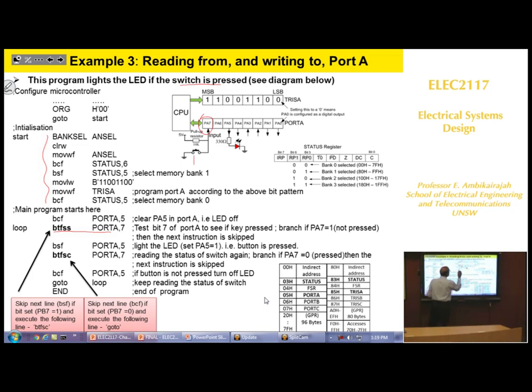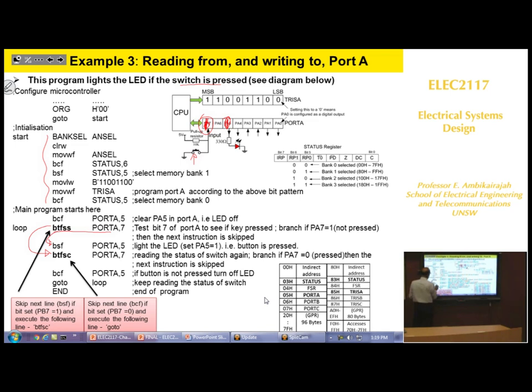And if this button is pressed, this will be 0. If that is 0, you're saying, do the next instruction. That means you have to turn on the light. If it is not 0, then you skip that and go here. That means this is 1, therefore this is already 0, therefore nothing happens.